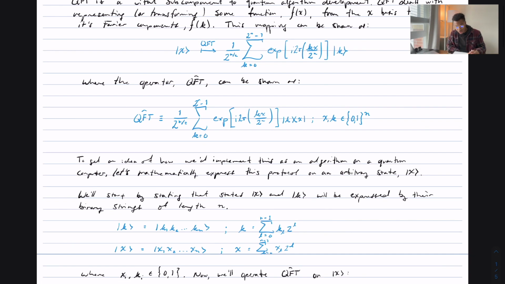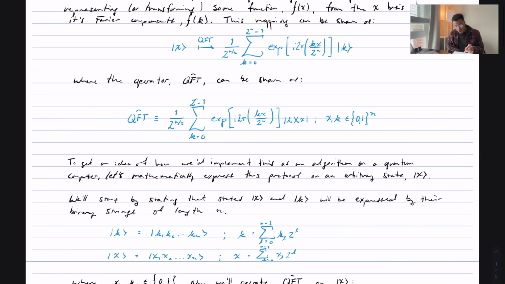So diving into things, the quantum Fourier transform, as I've written it here, is very similar to what's known as the discrete Fourier transform or even the classical Fourier transform. Now, what is the Fourier transform supposed to do? Or especially the quantum Fourier transform?